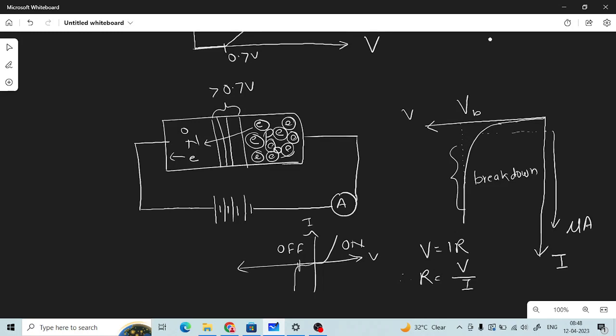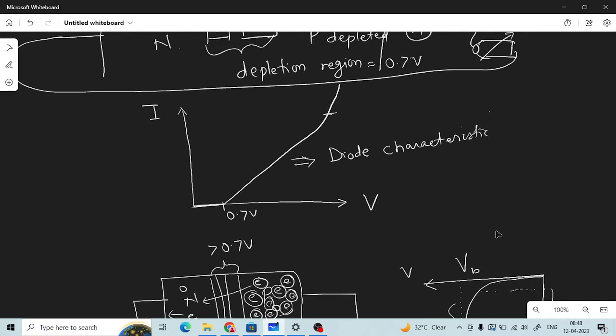Whereas in case of PN junction forward bias, V by I will be the resistance. As we are increasing the voltage, we are getting the current. So the resistance is much less. The forward bias resistance is very less. It is in ohms or a few kilo ohms, whereas in reverse bias it will always be in kilo ohms.